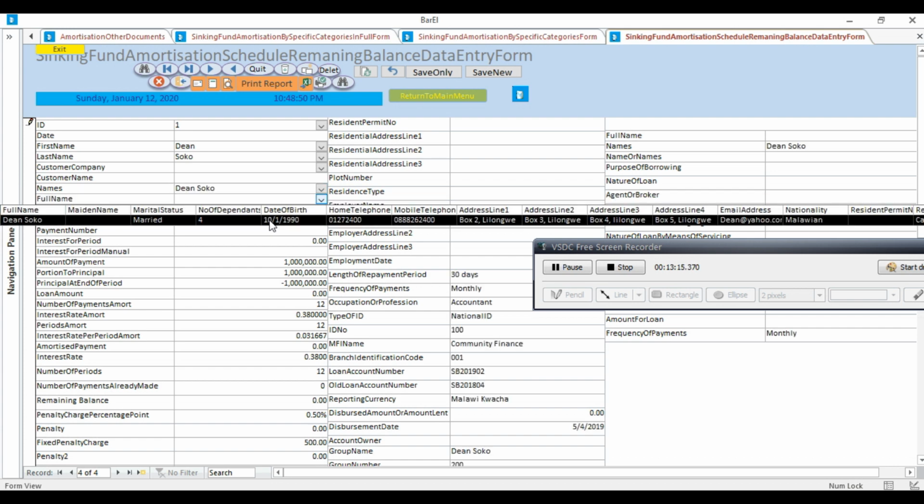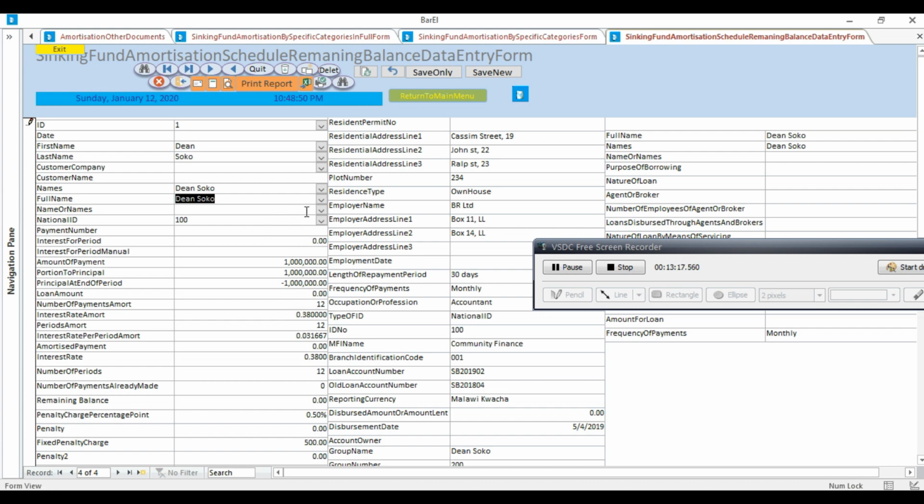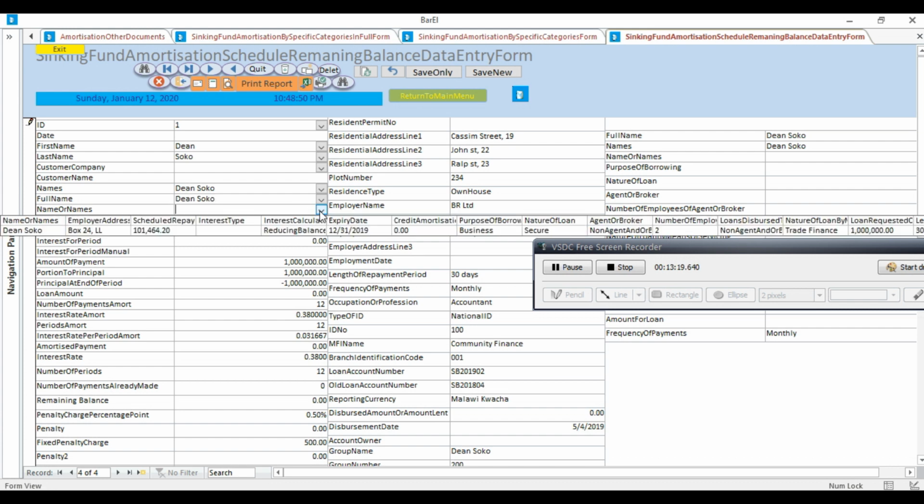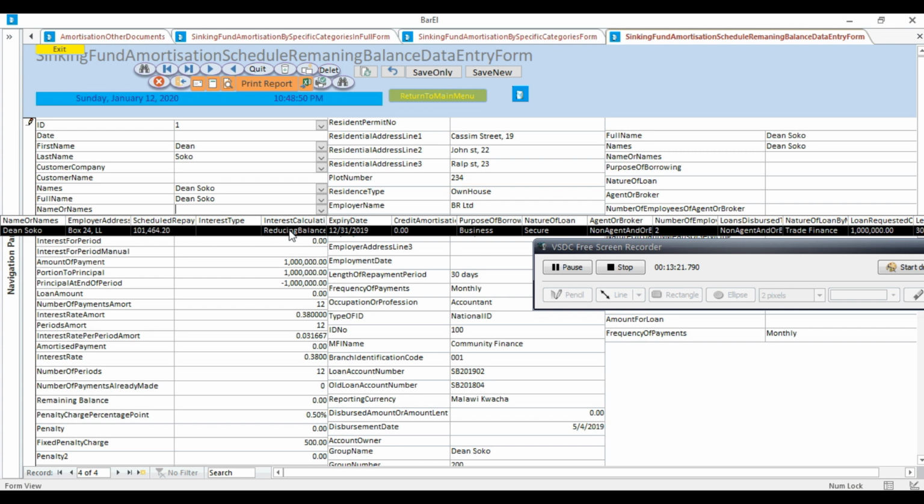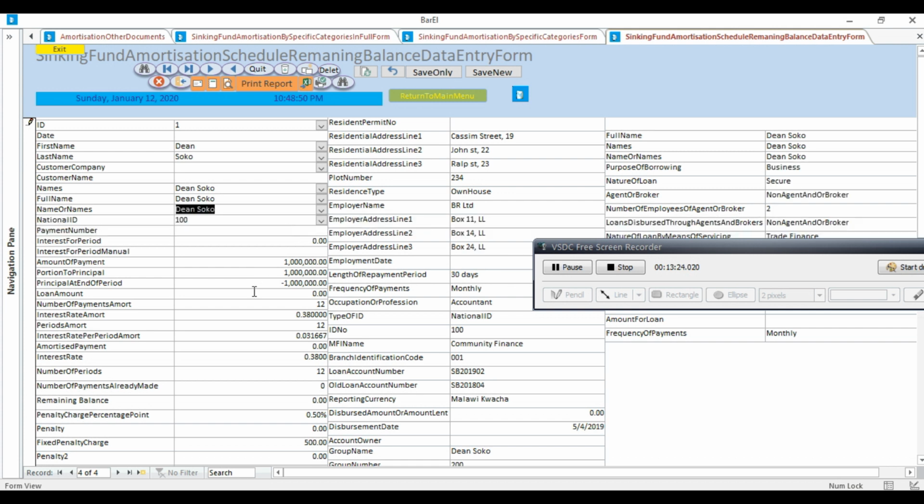So fourth one. Okay, the third, it was 858 principal at the end of the period. This will be taken as the loan amount.